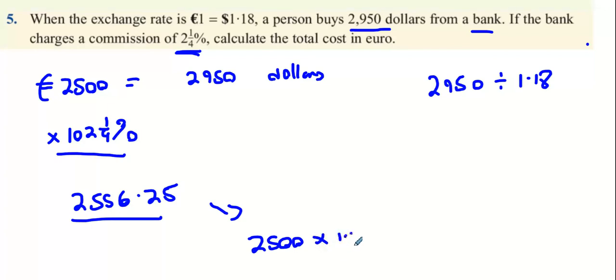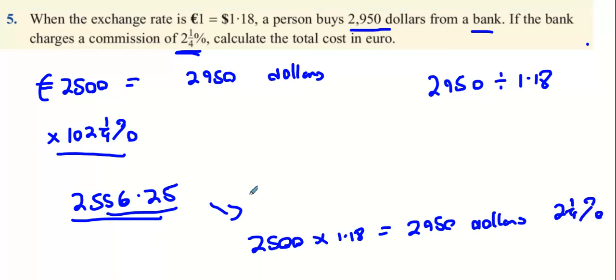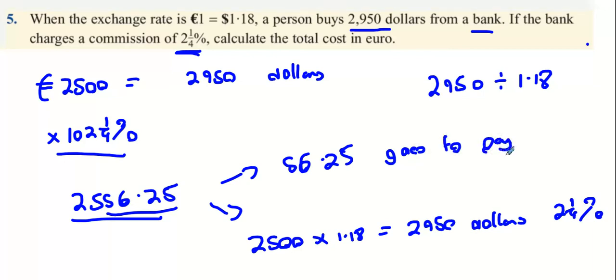So you multiply by 1.18 and it gives you $2,950. But they would charge you 2.25% of this amount, and you already have that calculated as €56 and 25 cents. So the €56.25 goes to pay the commission, and that's how it works. Okay, so that's how that is divvied up.